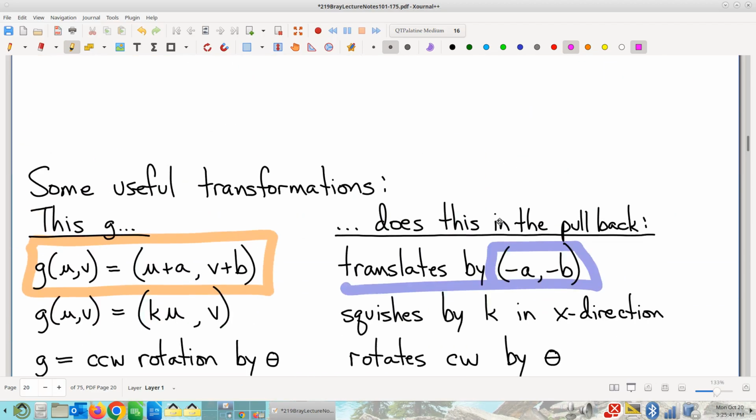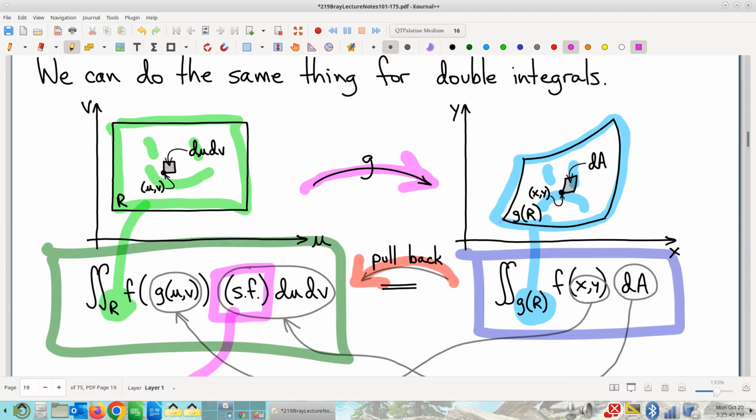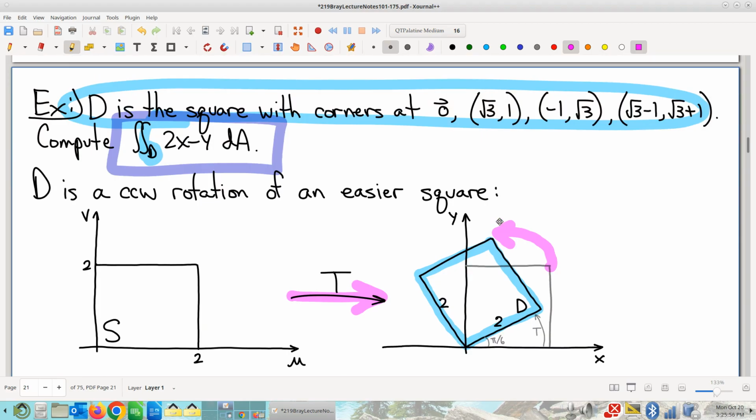If you want to do a change of variables, the idea is we have to view our undesirable domain as being the image of the more desirable domain. And so by what sort of a rotation can I view this given undesirable blue domain as being the image of what I would rather deal with?